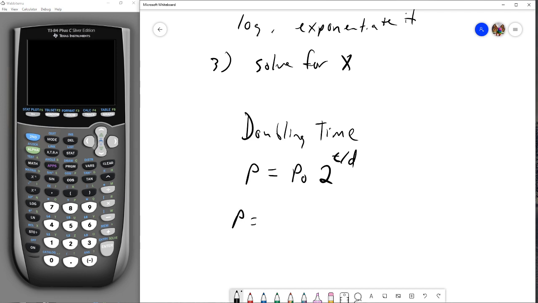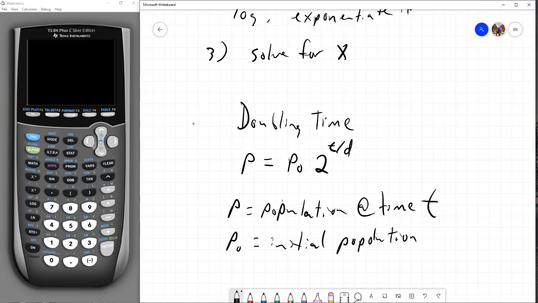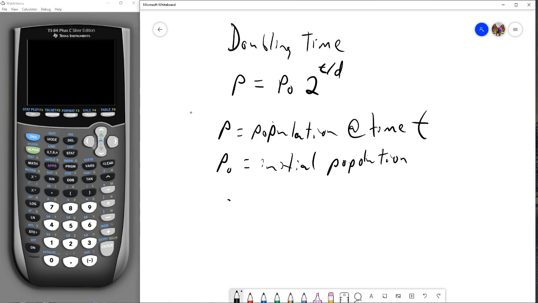So P was our population at time t. P naught is equal to the initial population. We usually talk about this in terms of bacteria, but it could be other things. Could even be money, theoretically. And D was our doubling time.